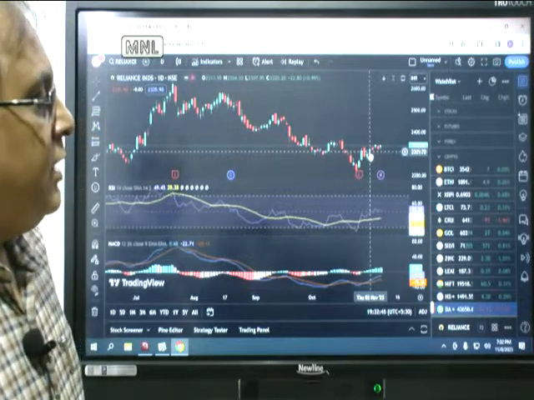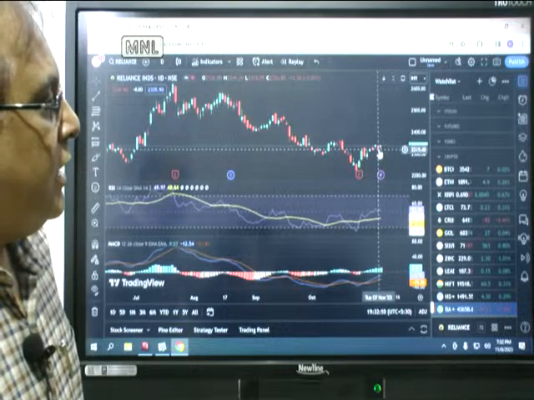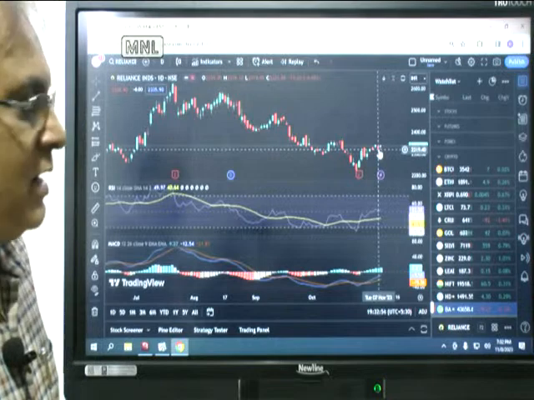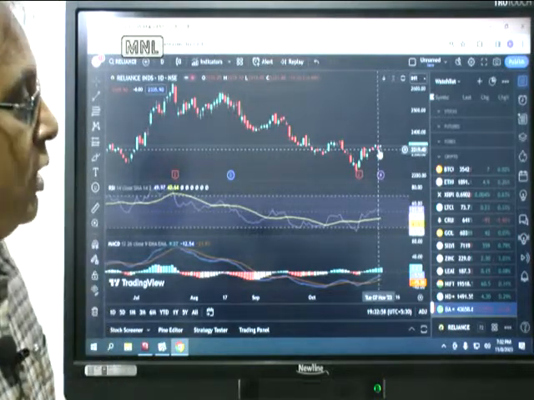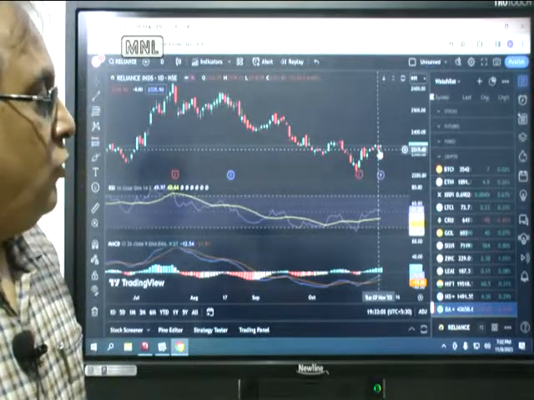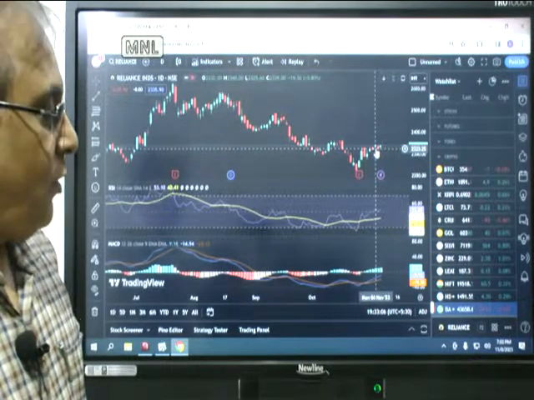So we need to be careful about Reliance. I think any drop below this level, which is 2319, anything below 2319, probably we need to take our profit and even look towards short. So you can sell below 2319 and keep 2340 even as a stop loss.